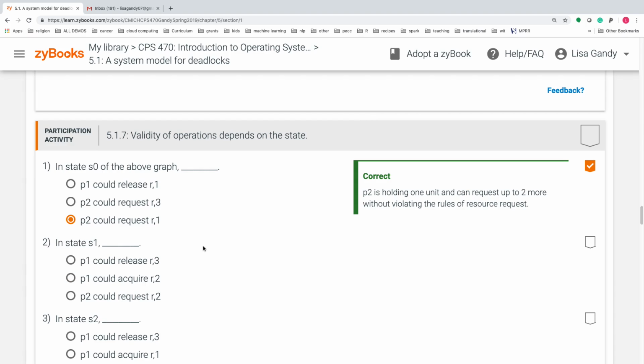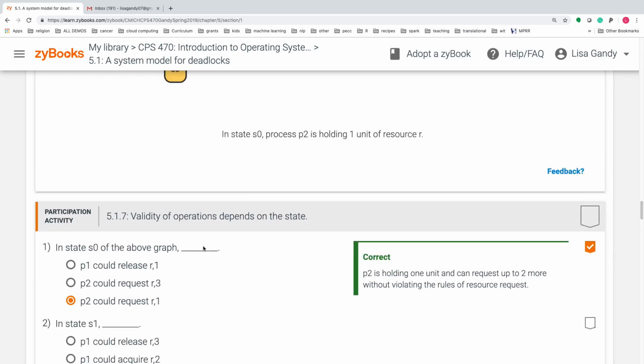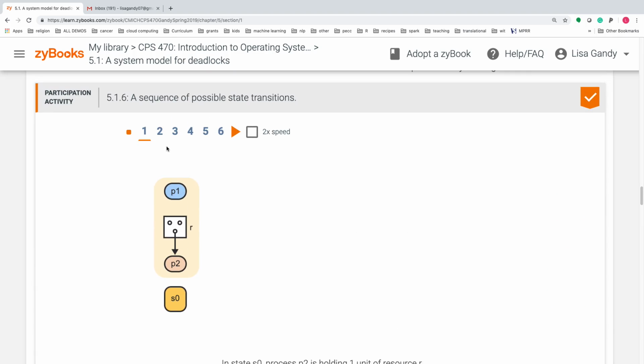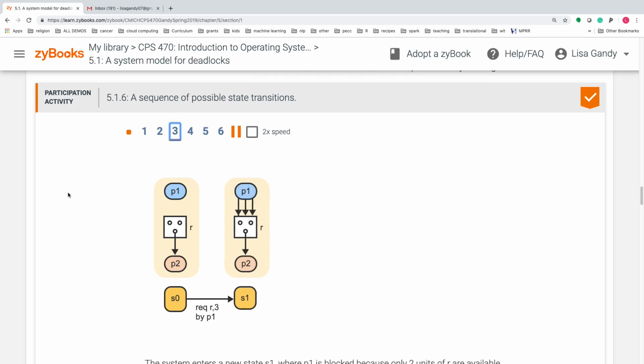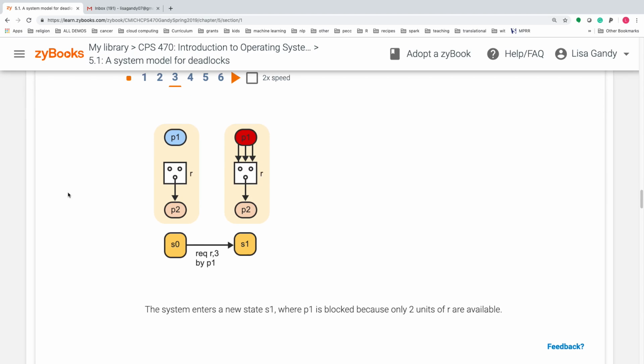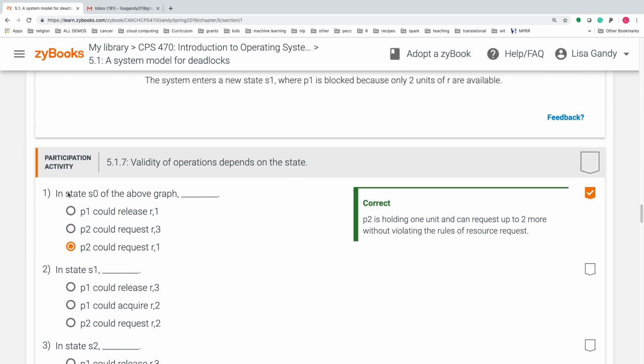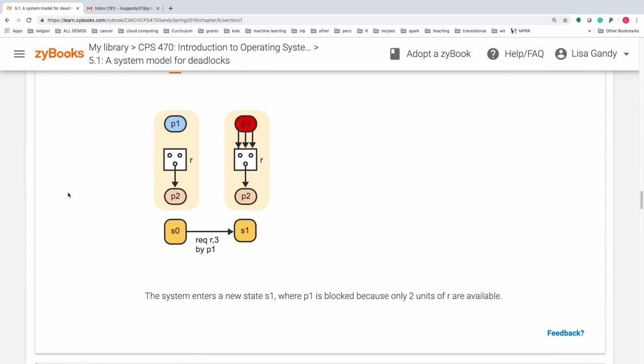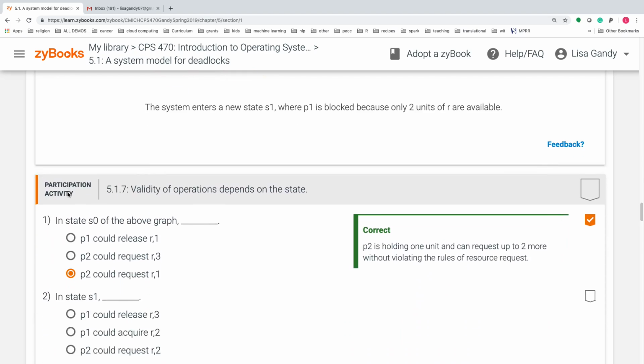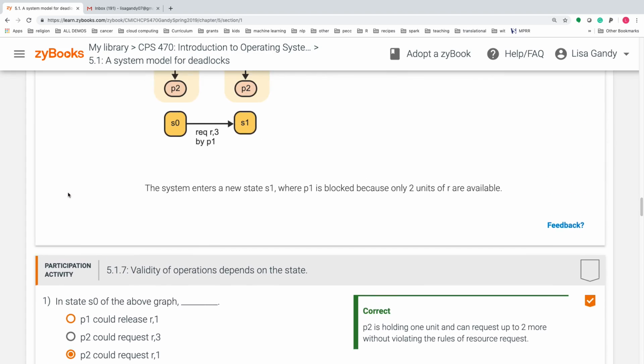Okay. In state S1, so let's look at state S1. Okay, here's state S1. P1 could release R3. It can't release because it doesn't have them. It's requesting. P1 could acquire.